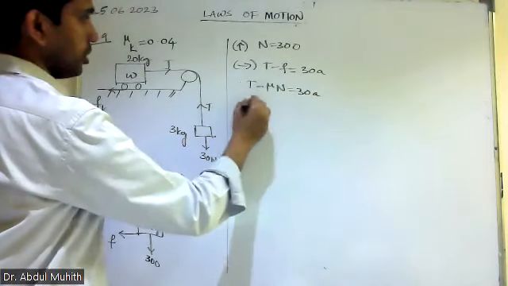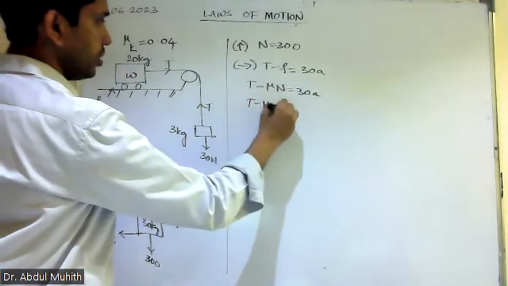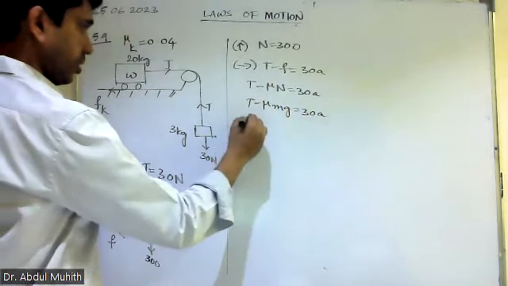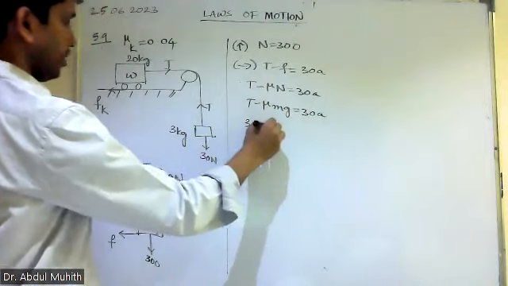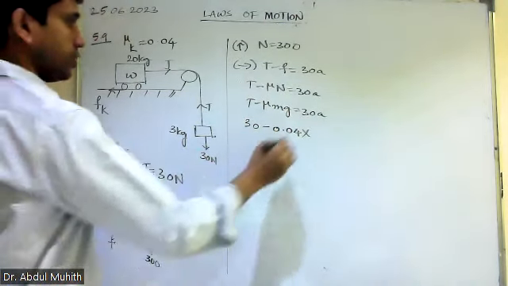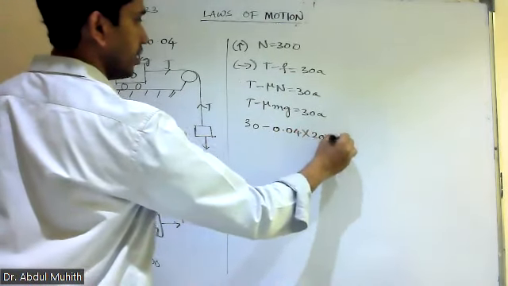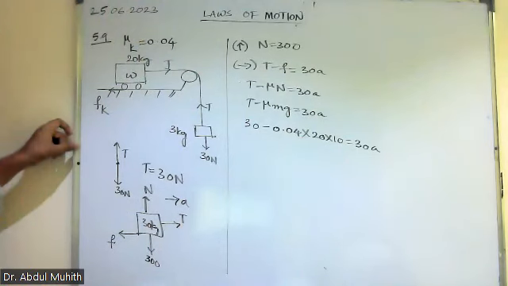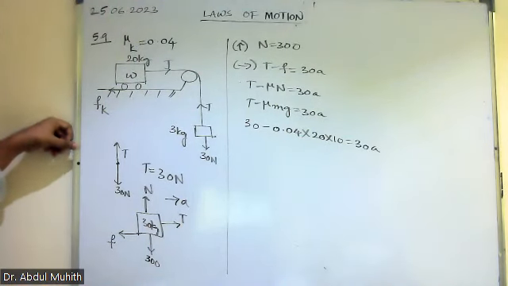N equal to mg. T minus mu times mg equal to 30 into A. So now T is 30, minus mu is 0.04 times M. M is 20 into gravity 10, equal to 30 into A. So solve it.